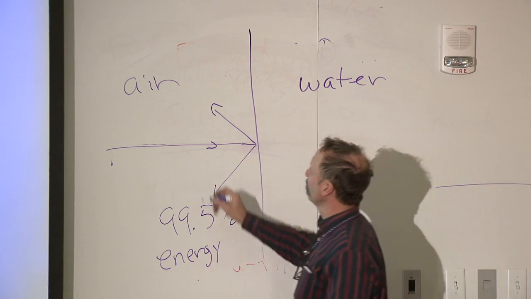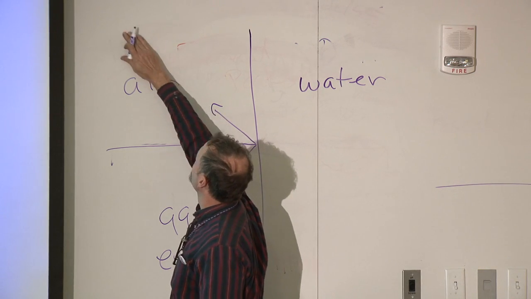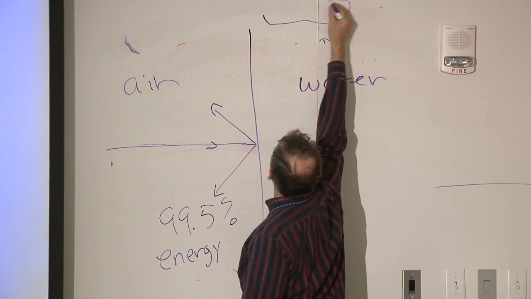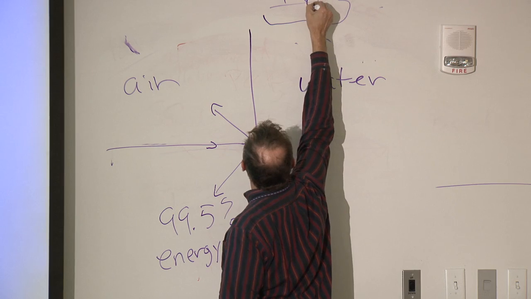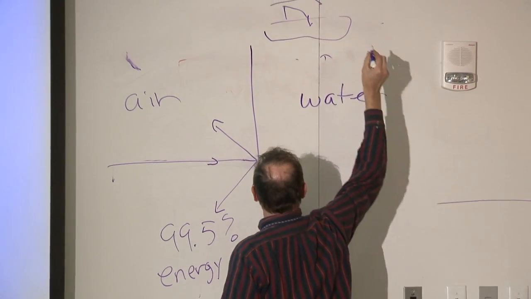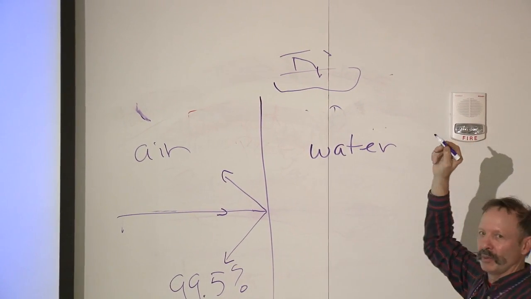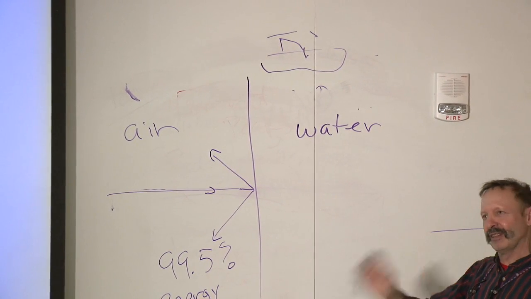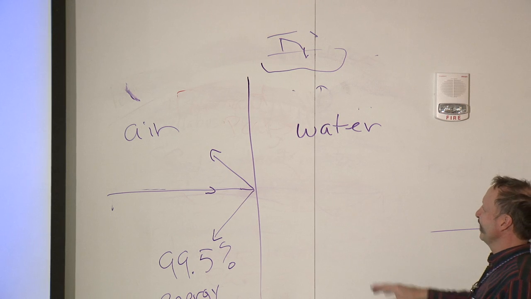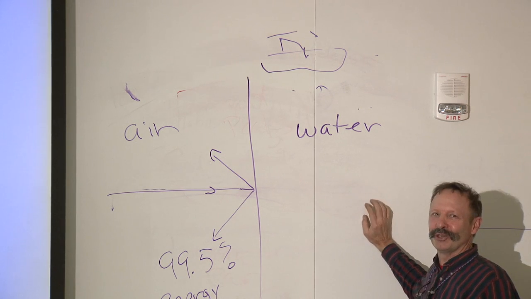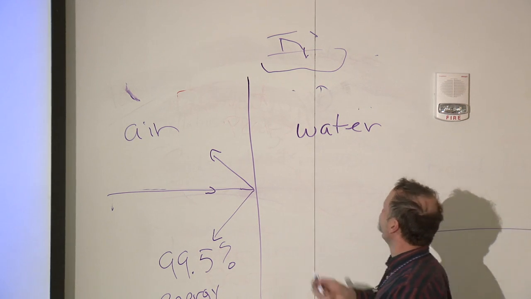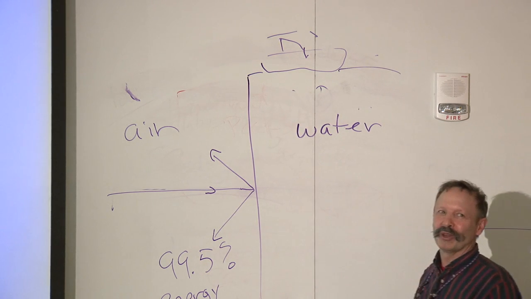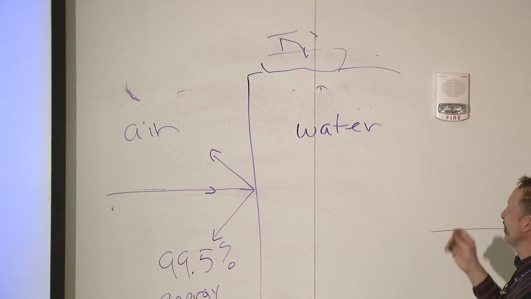So if you're in a boat here, I didn't draw this right, you're fishing, you're talking to your buddy in the back of the boat, and you say, "Pass me another beer," and your buddy says, "Be quiet, you'll scare the fish." Actually, the fish can't hear you, because most of the energy in your saying, "Pass me a beer," bounced right back off into the air.